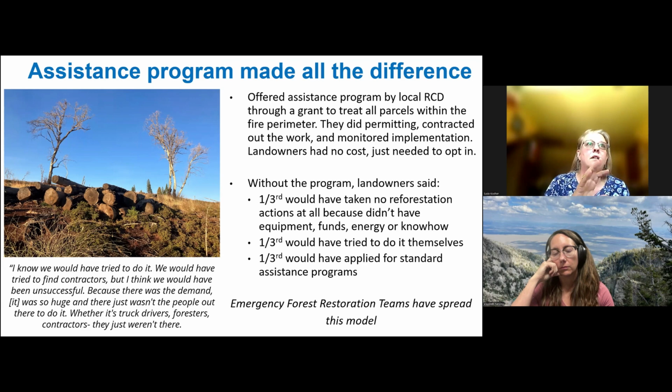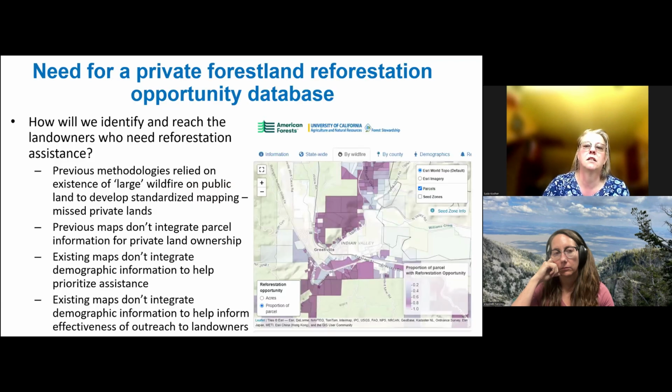So the task force has taken up this idea that was pioneered by the RCD with their development of emergency forest restoration teams. So I really think that moving forward with this model, as we've described in the lessons learned report that I mentioned earlier, shows a lot of promise for getting trees and reforestation in the ground on private non-industrial lands.